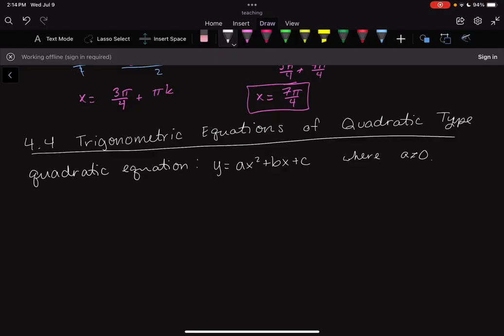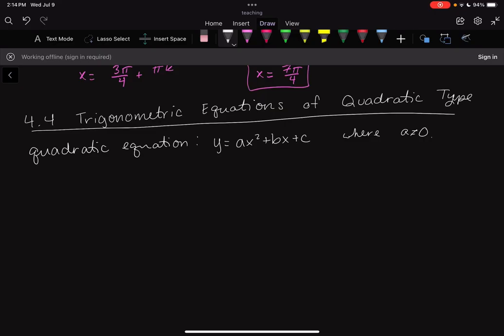I did review some factoring in 3.1. So if you start to struggle with the factoring that I'm doing, I would recommend going back over there and checking those out, or maybe even looking up some basic algebra videos. So I'm going to try to take it a little slow.